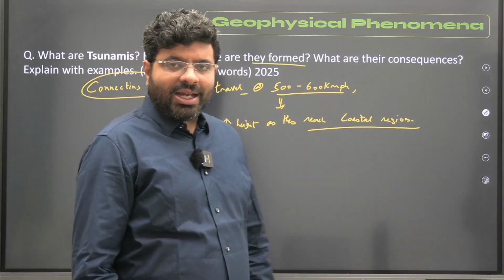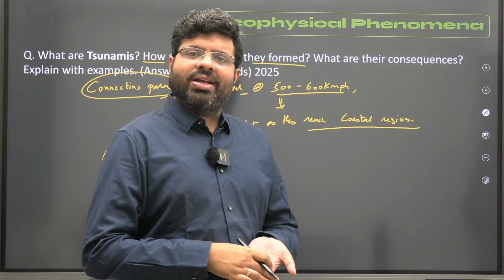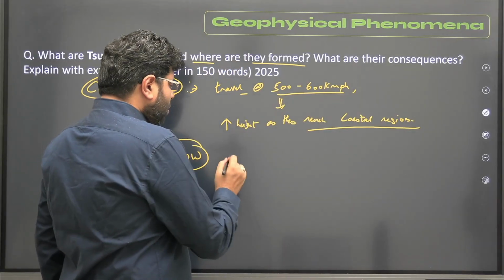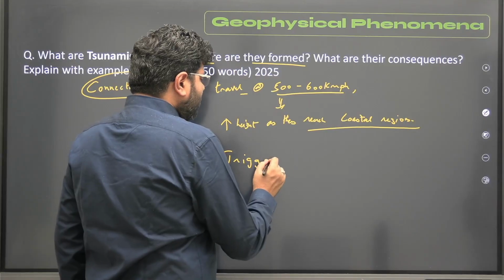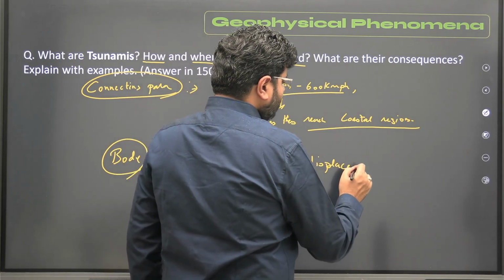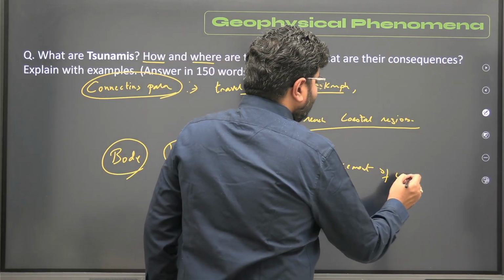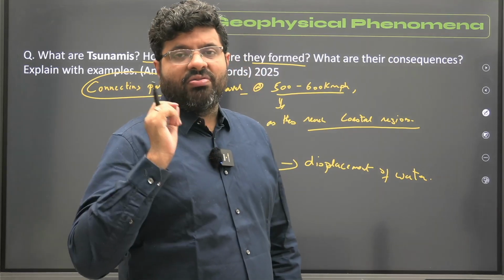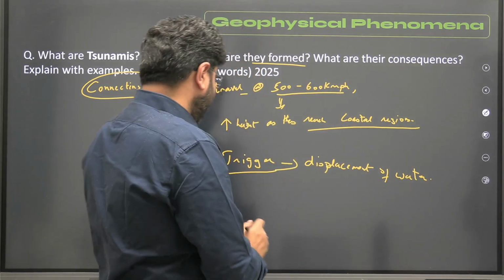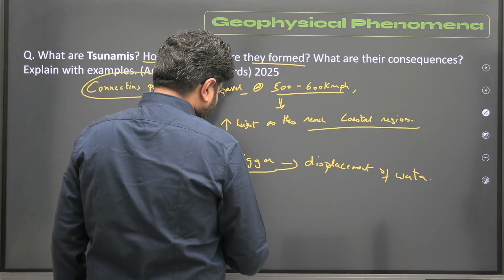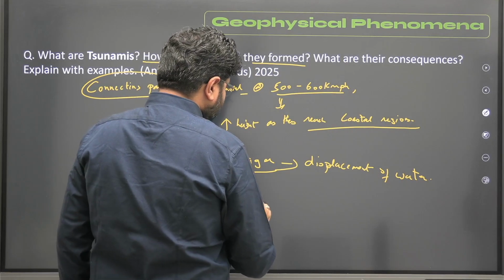You talk about that; you can club both together and write. So how are they formed? What is the trigger for displacement of water? The primary major aspect of why tsunamis occur is earthquakes caused by plate movement.